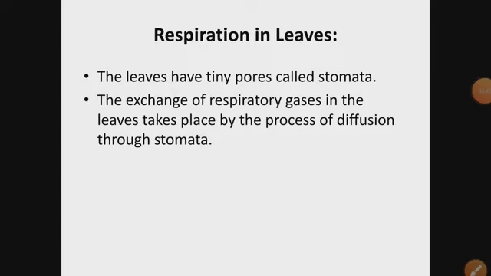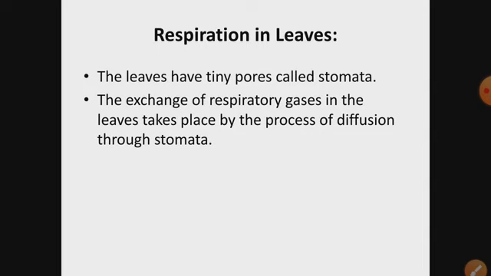Respiration in leaves is a well known phenomenon. All leaves have stomata. The under surface of the leaf has more stomata as compared to the upper surface, because this prevents transpiration loss from the plant, since the upper surface is exposed to the sunlight.